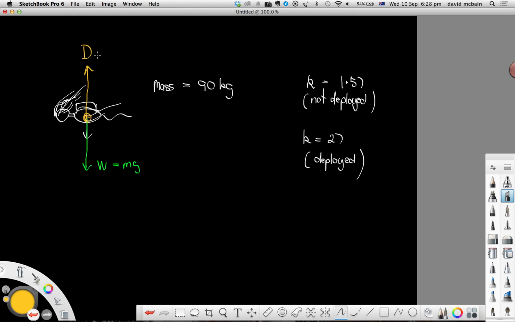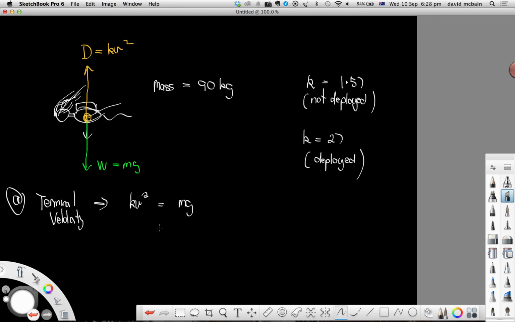Now drag is equal to kv squared. So if the two are equal and opposite, and we just want to work out the value of v, so we don't need to worry about signage. So what we now know is that at terminal velocity, kv squared equals mg.